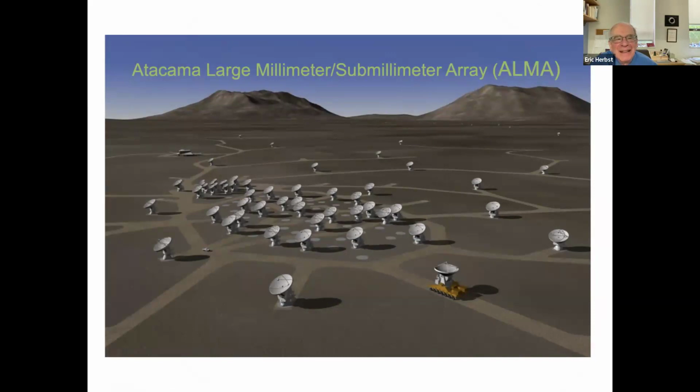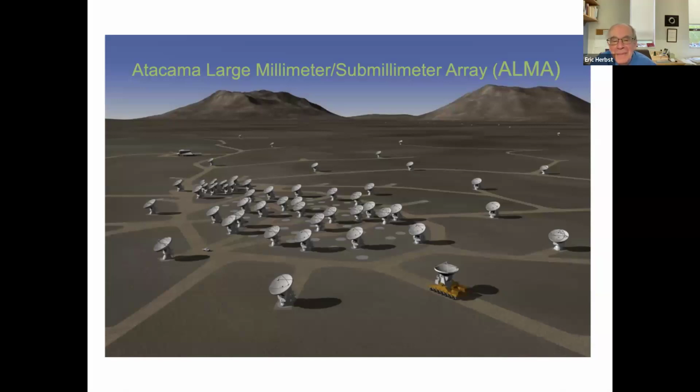This is the father or mother of all of these large interferometers, because the radio waves from the ground into the telescopes have to be combined to get more intensity. This is on a mountaintop in Chile, and the telescopes can be moved.